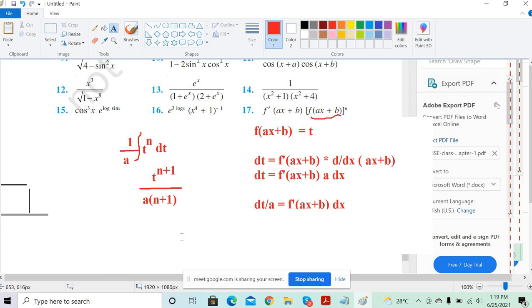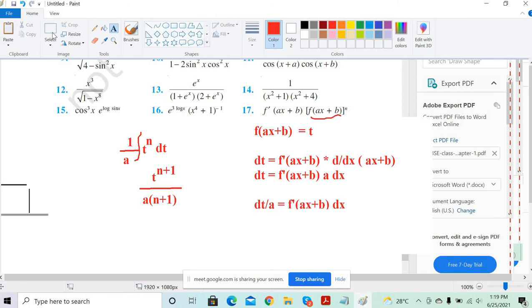Instead of a variable, they have just given a function to you. What else? Clear, no? Yes, sir. That's it, Vijay. Nothing else. Clear, Vijay?